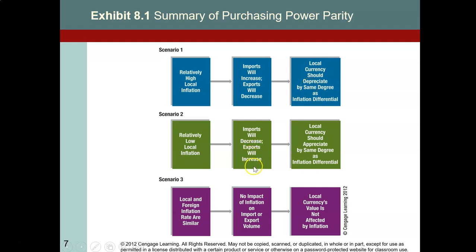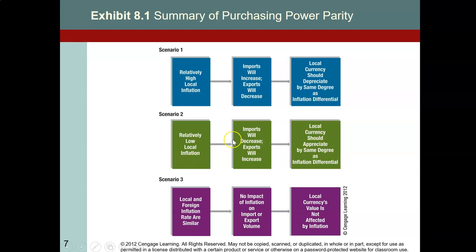When exports increase, the local currency, for example the US dollar, will appreciate because there are more people exchanging the foreign currency for US dollars, so the demand for US dollars is higher. And the value would appreciate when the demand is higher. That's how the inflation difference between two countries will affect the currency exchange rate.